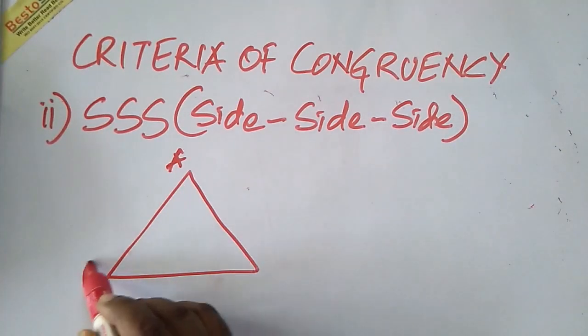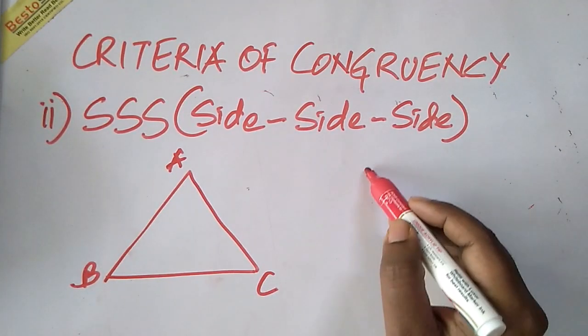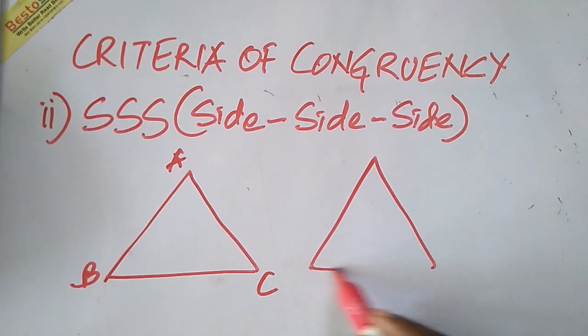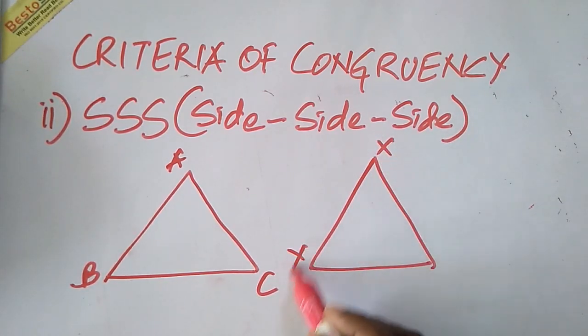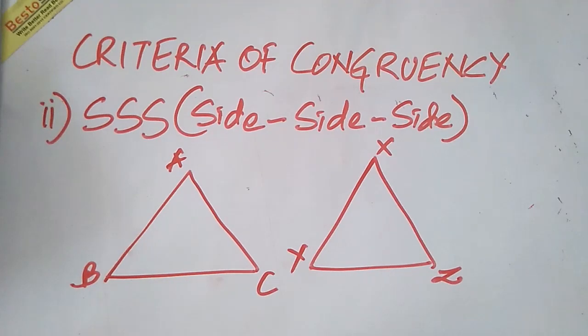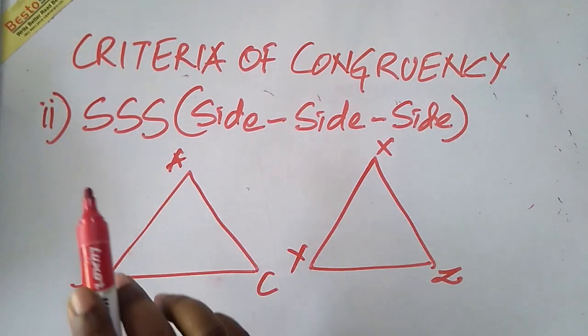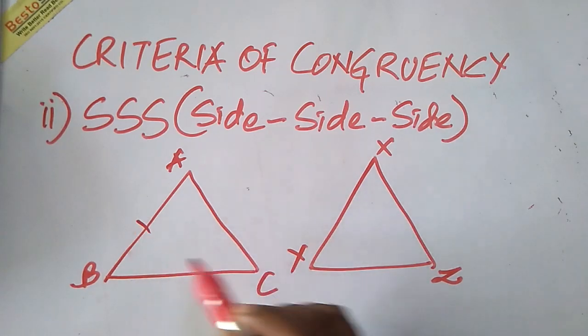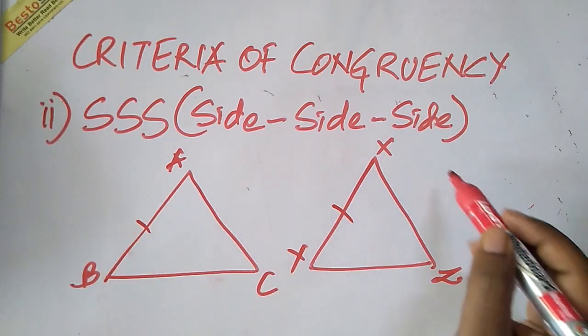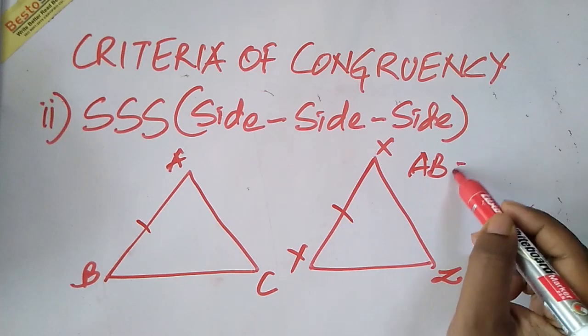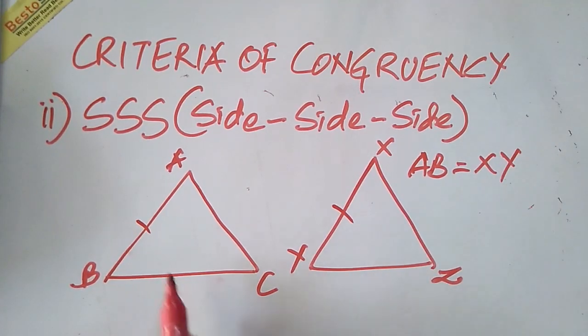This is triangle ABC, and on the other side is triangle XYZ. Now this second criteria says that all the three sides should be same. That means side AB is equal to side XY. See, these are two corresponding sides.